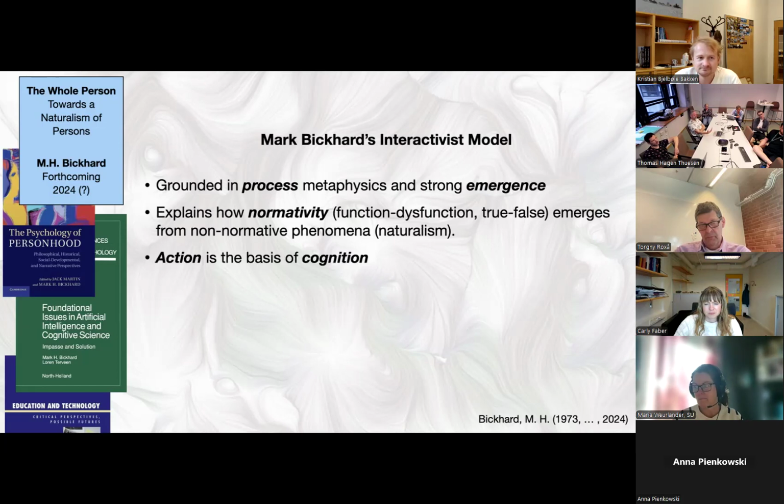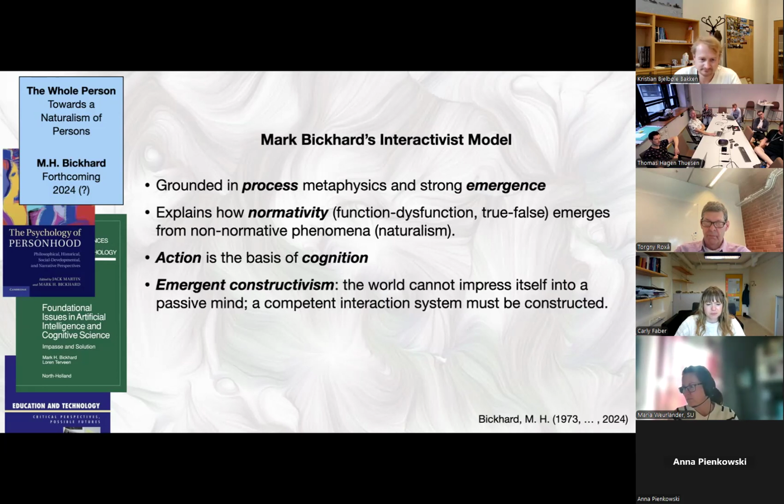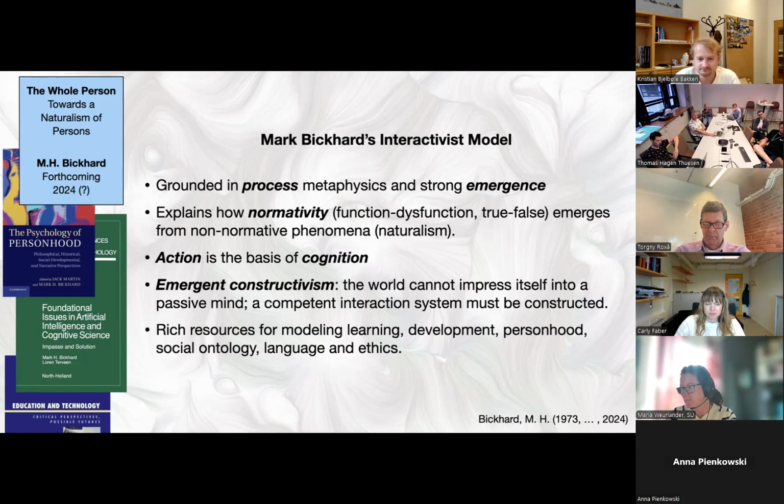So in that sense, it has kinship with the classic Piaget and other models, but takes it further by being grounded in process metaphysics. And it forces an emergent constructivism. So the world cannot impress itself into a passive mind. A competent interaction system must be constructed. Okay? And it offers rich resources for modeling, learning, development, personhood, social ontology, language, and ethics.